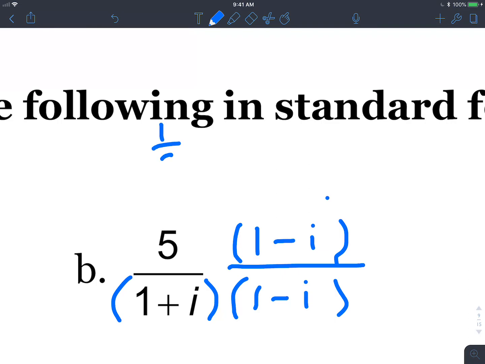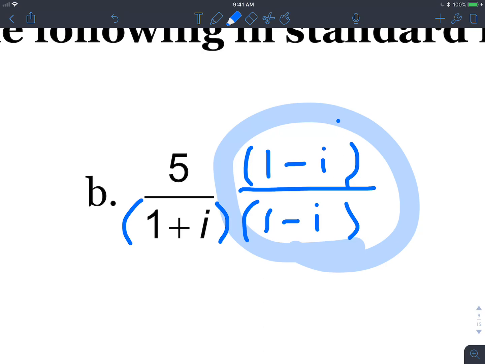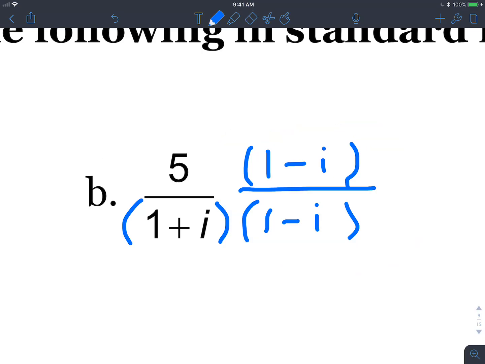So if you had 1/2 and you wanted the denominator to be 8, you can multiply the top and bottom by 4. That's technically multiplying by 1, which doesn't change anything. So we say 4/8 is the same thing as 1/2. So this has a lot of similarities. The right-hand side is technically 1: 1 minus i over 1 minus i. So that doesn't change the value, and that's why we can do this.